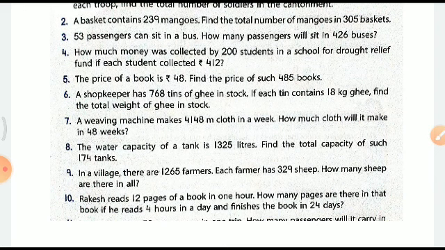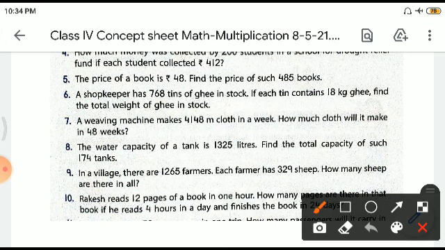Rakesh reads 12 pages of books in 1 hour. How many pages are there if he reads for 4 hours a day? 1 hour 12 pages, so 4 hours in a day we will get the first calculation.